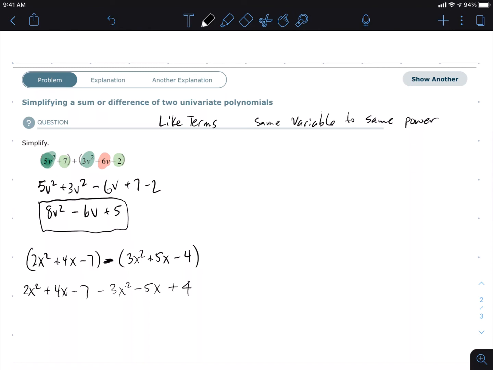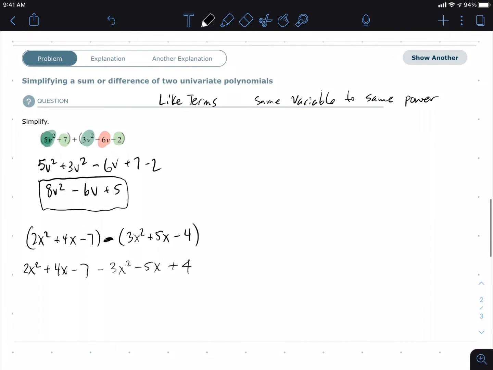All right, very cool. So now we're going to try to get things that are the same. I don't want to bore you guys with highlighting, but it's something I used to do. I'm going to get 2x squared minus 3x squared plus 4x minus 5x minus 7 plus 4.